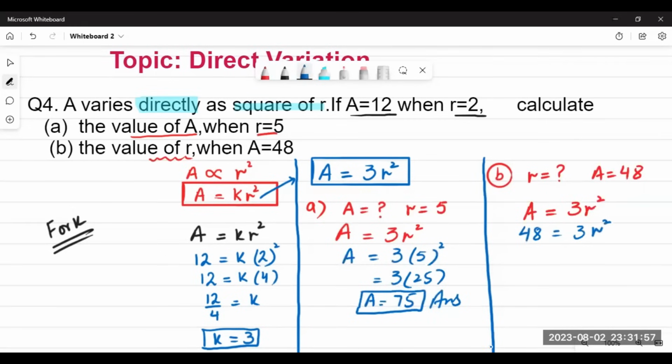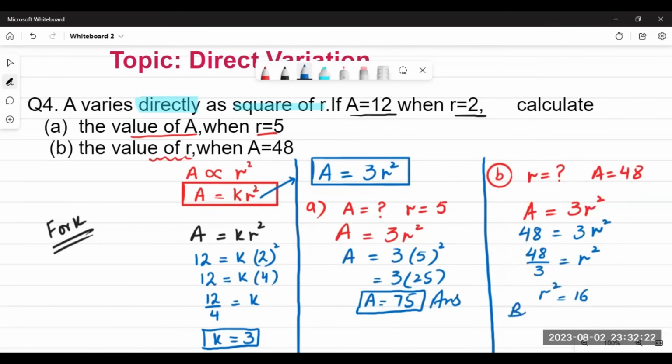As we want to find the value of R, 3 is multiplied with that value. Take the 3 and divide on the other side. 48 divided by 3 is equal to R squared. We get the value of R squared: 3 ones are 3 and 3 sixes are 18, so it is 16. We want to find the value of R, but it is R squared. You know how we are going to remove this square?